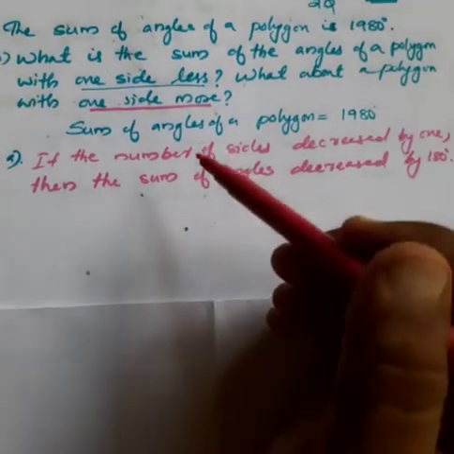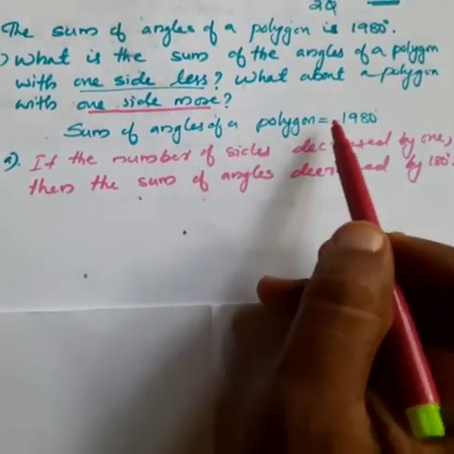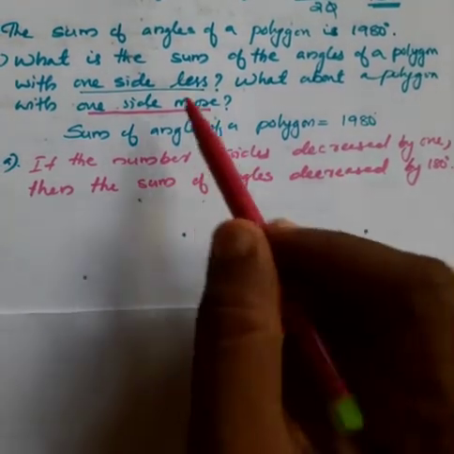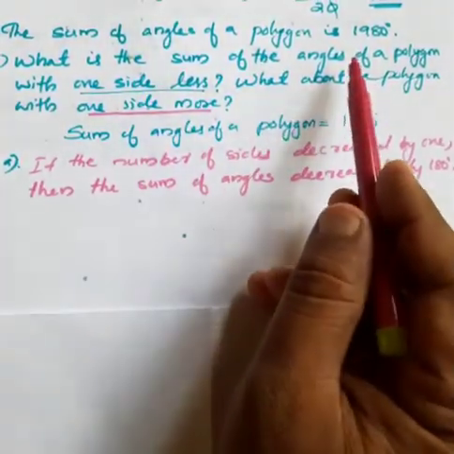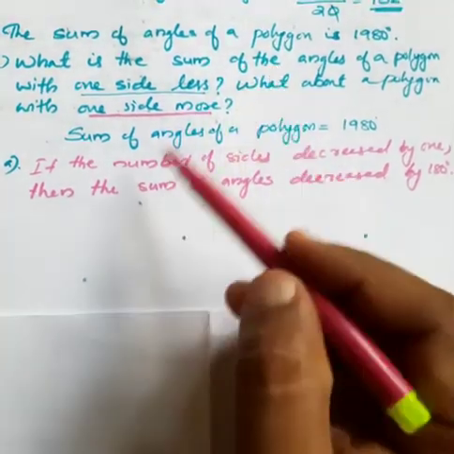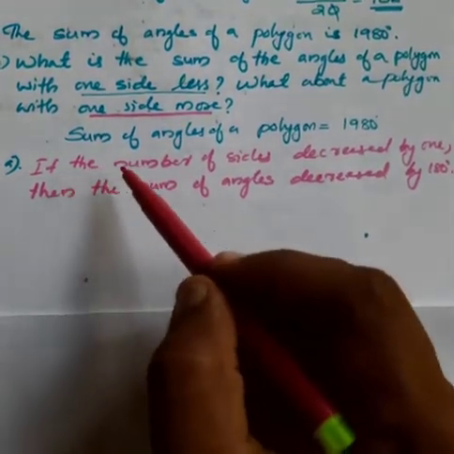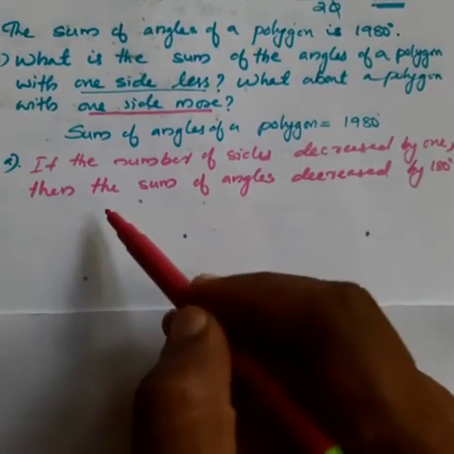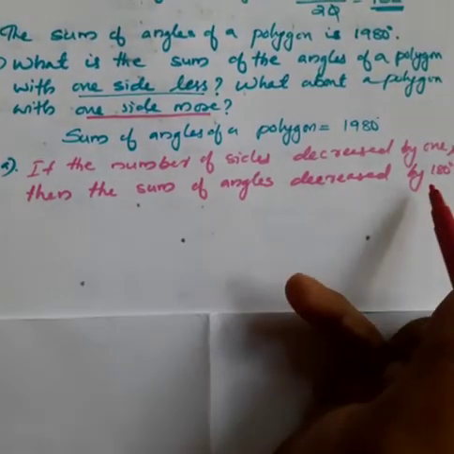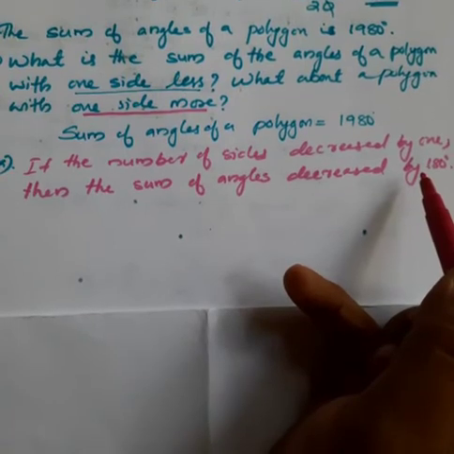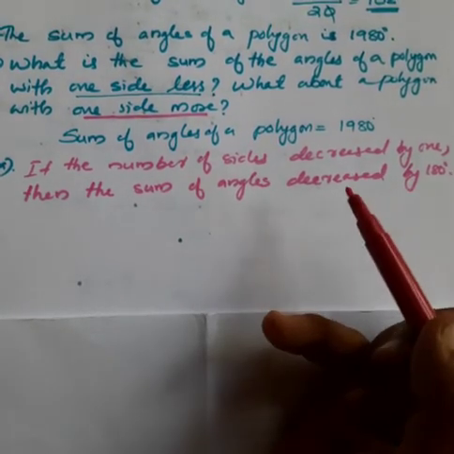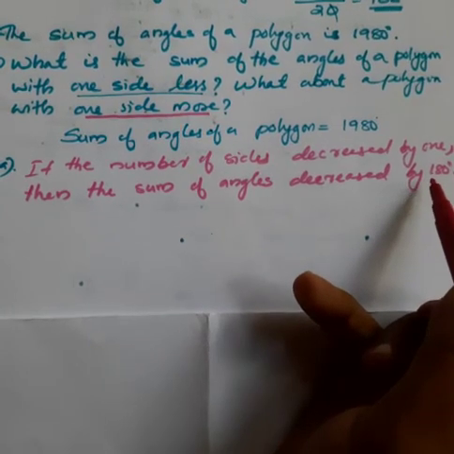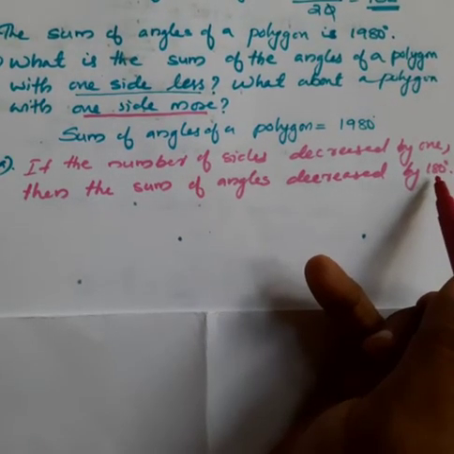Then see the question. The sum of angles is given as 1980. And the first question: if one side is less, what happens to the sum of angles? If the number of sides decreases by 1, then the sum of angles decreases by 180. So if one side is reduced, one triangle is reduced. That means the sum of angles is reduced by 180.